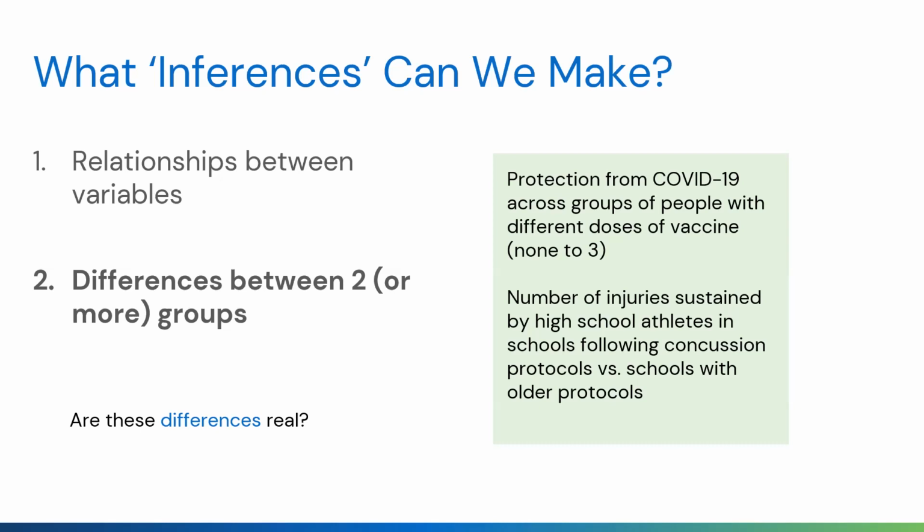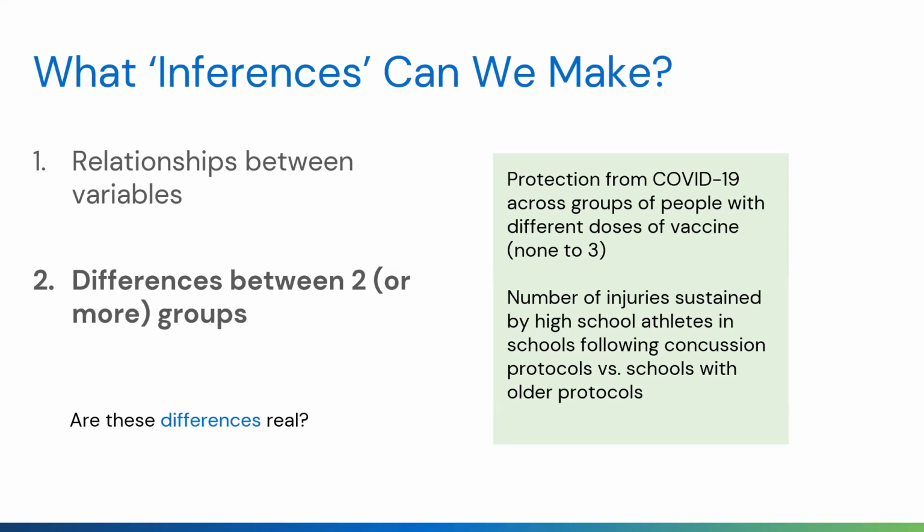Do you have different levels of protection? And is that statistically different across those groups? So ranging from a group that has no vaccine to groups that have received all 3 boosters. Okay, great. So you can actually look at that.